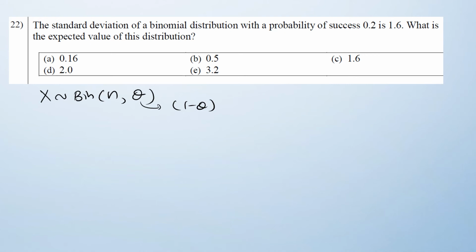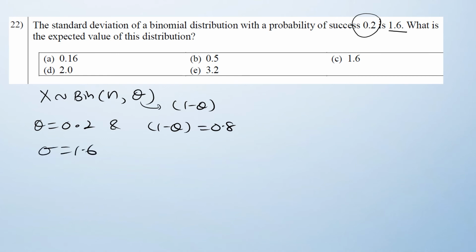Standard deviation is 1.6 with success probability 0.2. So we know that theta is 0.2 and then 1 minus theta will be 0.8. Sigma is 1.6, so sigma squared is equal to 1.6 squared.